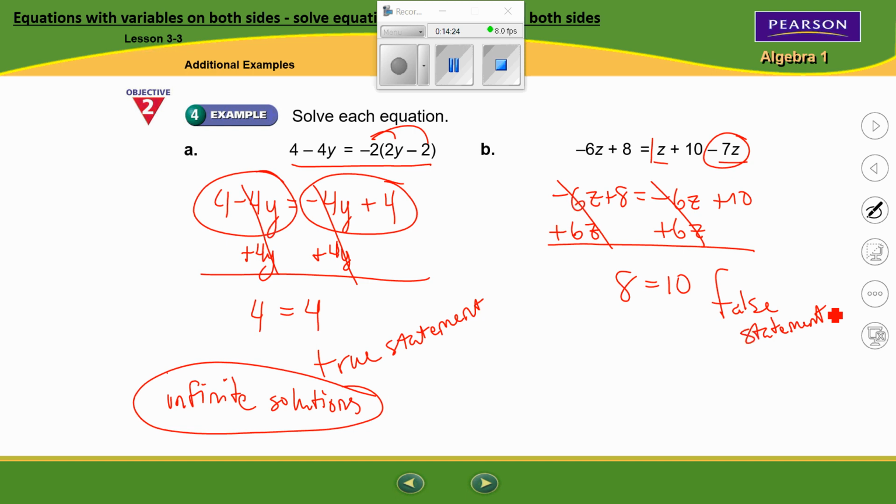That is a false statement. When that happens, it means that we have no solution. I can come up with any number in the world and put it in for these z's and it is not going to work.